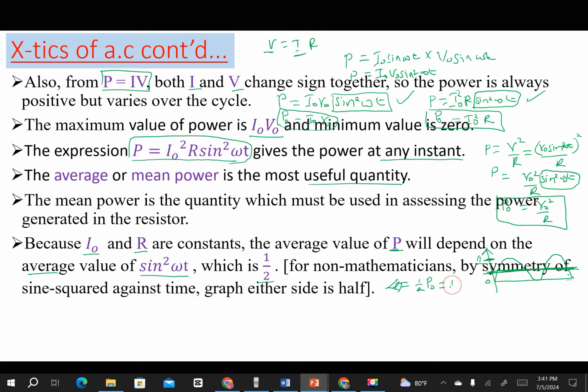The average power is going to be half of I naught squared R, or half of V naught squared over R. That is going to be the average power.